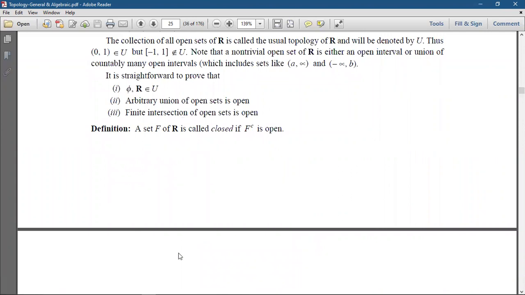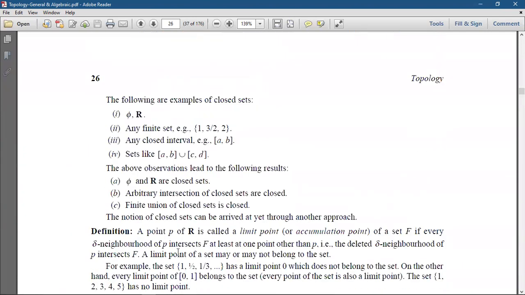Here, finite union of closed sets is closed. It may be noted, that means just the opposite: arbitrary union of open sets is open and arbitrary intersection of closed sets is closed, but finite union of closed sets is closed.